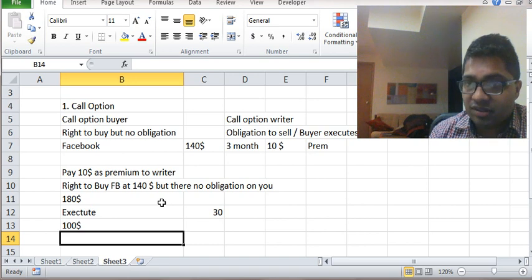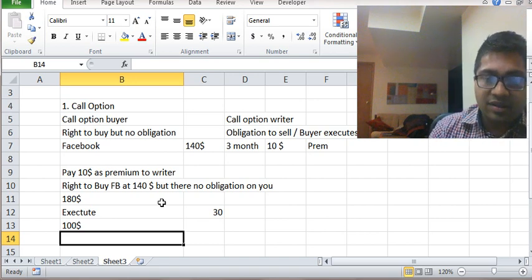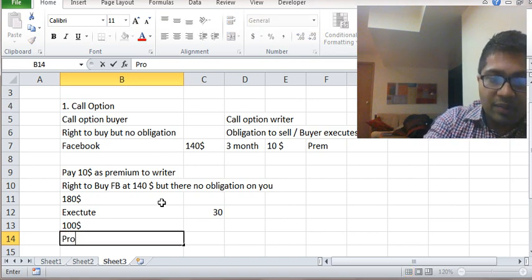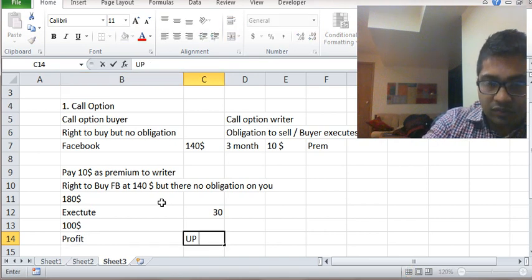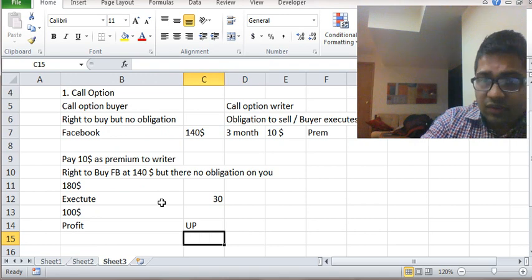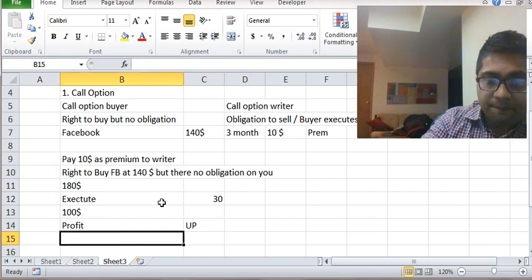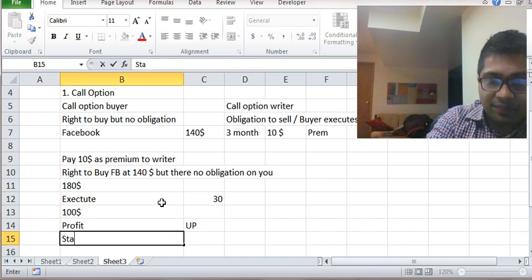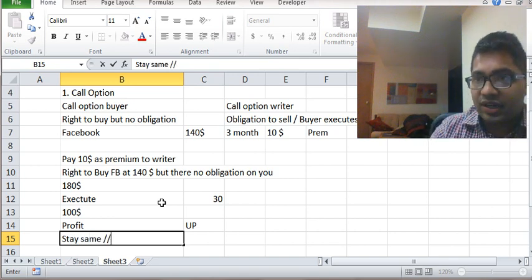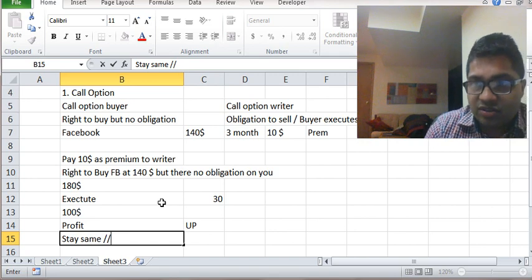So what is a call option? Call option means you make money when price goes up above your execution price. And you lose money when price stays same, because premium paid is not returned to you, and you will not execute if price is $140. There is no advantage in executing.